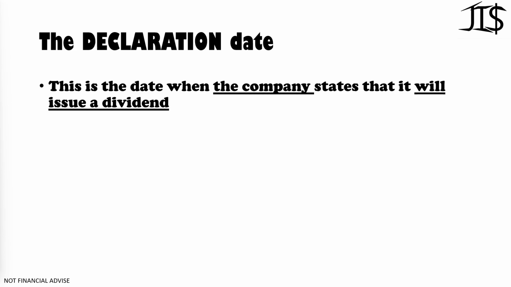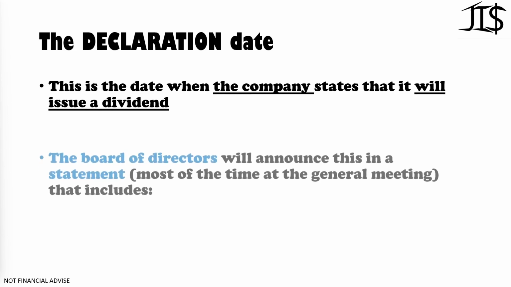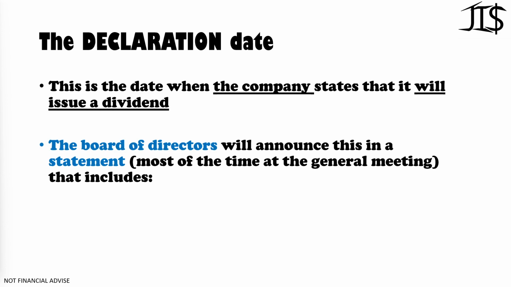But the actual declaration date, that's the day when the board of directors will announce this in a statement. And most of the time this will happen at the general meeting. And that statement will then include the size of the dividend, the ex-dividend date, and also the payment date.